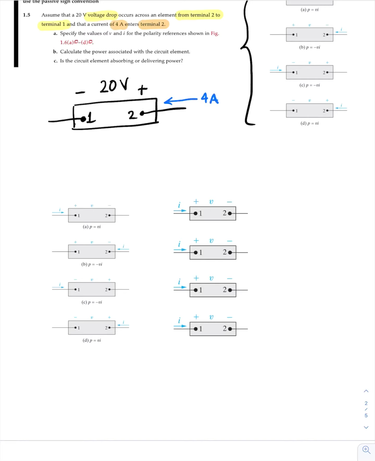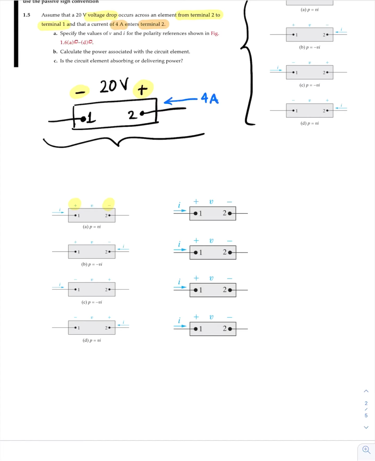This is our defined voltage polarity and current direction, and how does it relate to the figures below? Well, let's look at the first one. The polarity of voltage is defined as a voltage drop from terminal 1 to terminal 2, which is the opposite of our defined voltage polarity.